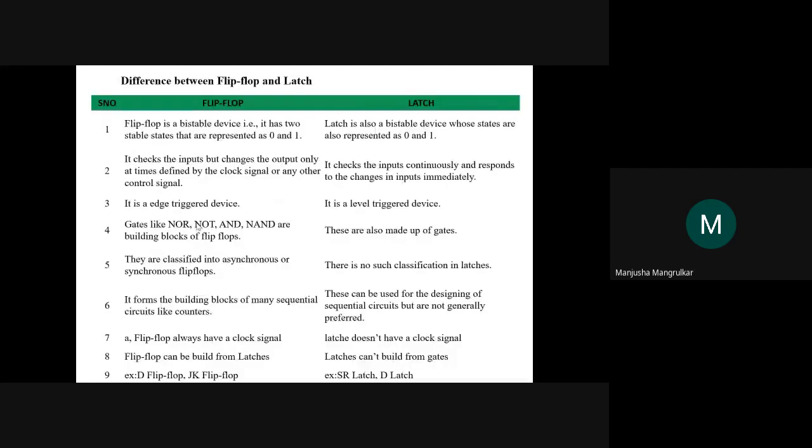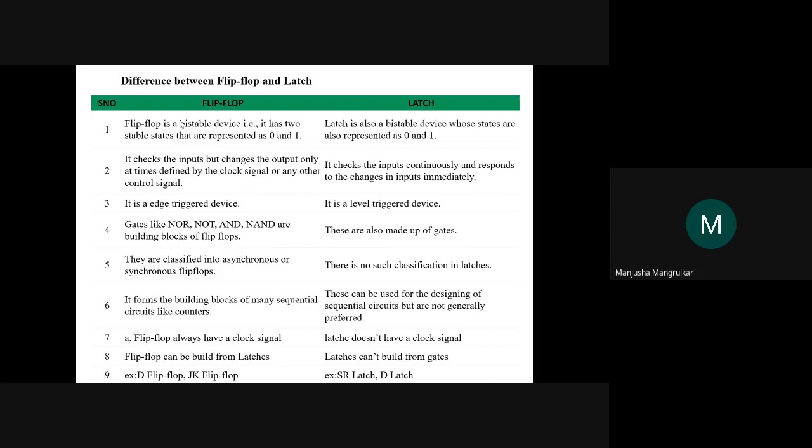Now we'll see the similarities between flip-flops and latches. A flip-flop is a bistable device. It has two stable states, 0 and 1, right? This flip-flop is a two-state device. A latch is also a bistable device whose states also represent 0 and 1, right?